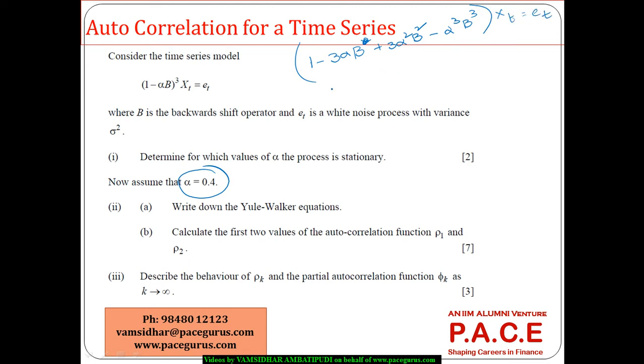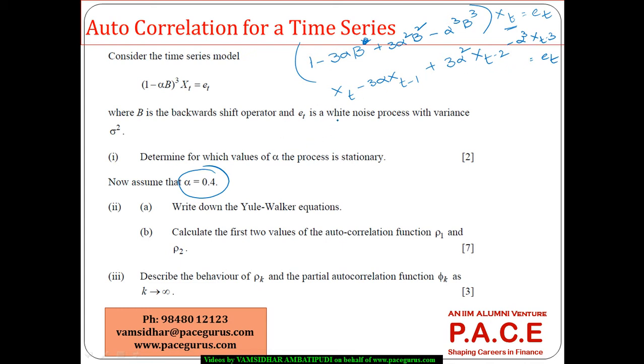Now I can expand this: X_t minus 3 alpha X_(t-1), the one-period lag, plus 3 alpha squared X_(t-2), the two-period lag, minus alpha cube X_(t-3) is equal to e_t.